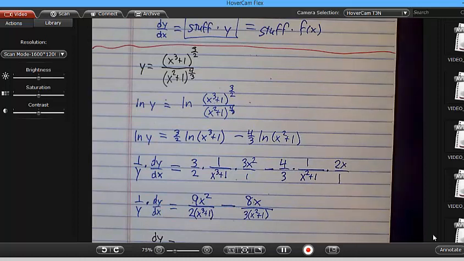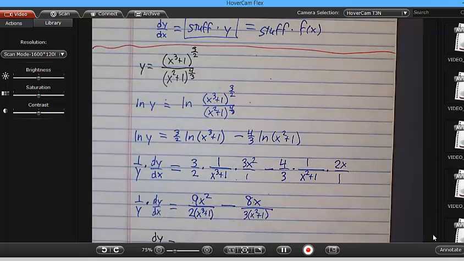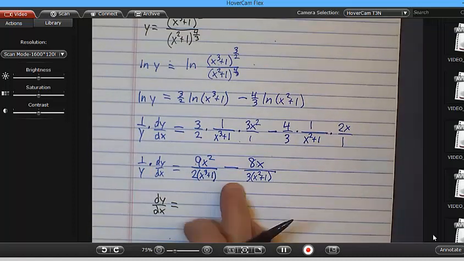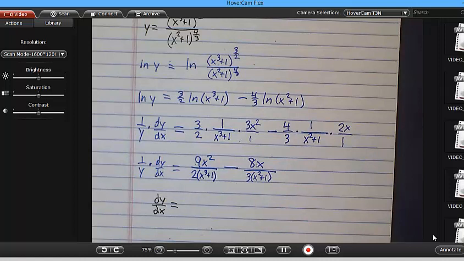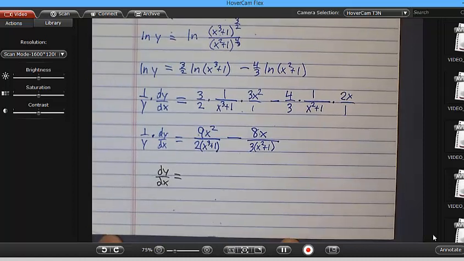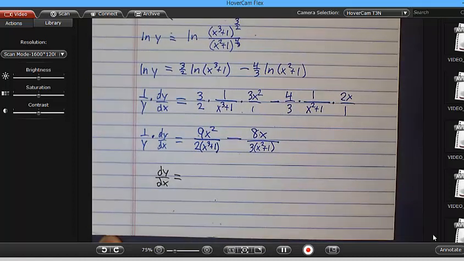So I would leave them apart. I don't really feel like simplifying it anymore. I'm getting tired of this problem, and I'm almost out of paper. So I'm almost done. But I'm not done.